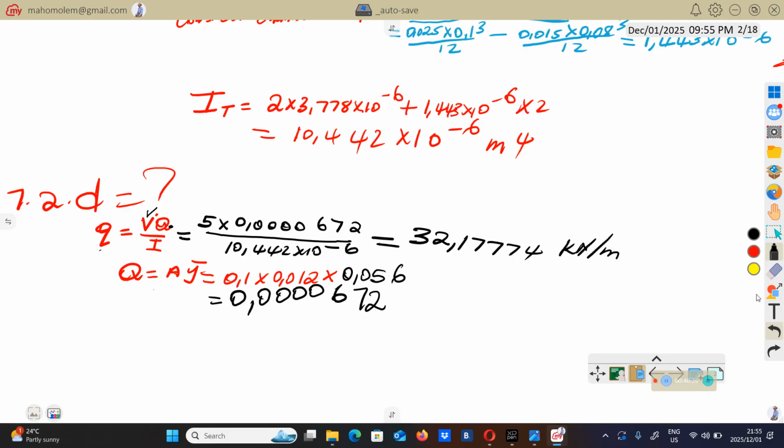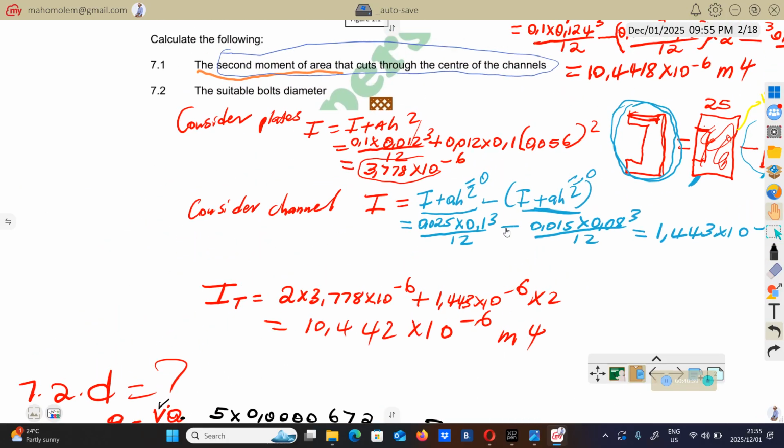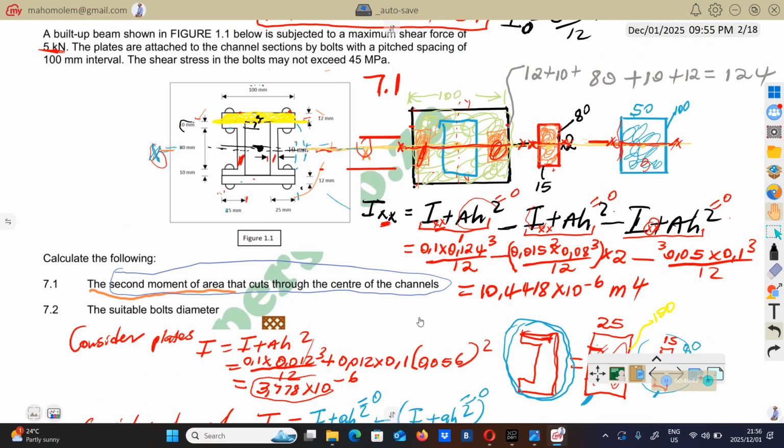Now remember to have the state of equilibrium between the surfaces of this beam, the shear flow must be balanced by the force by the rivets. The rivets have to resist.